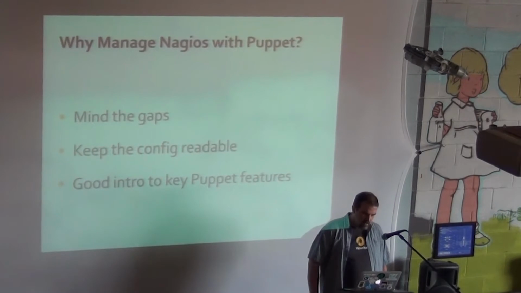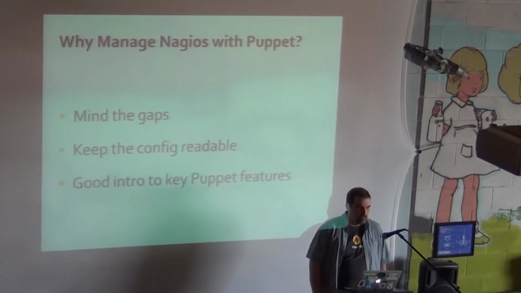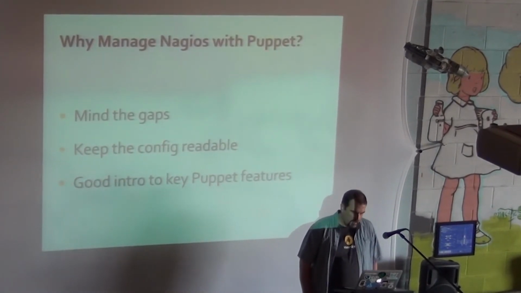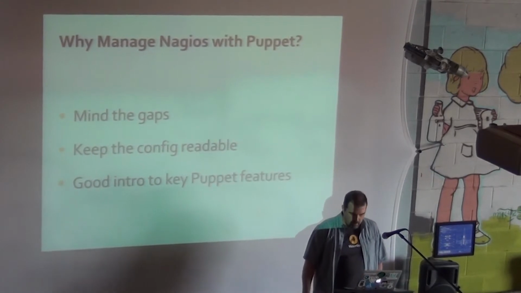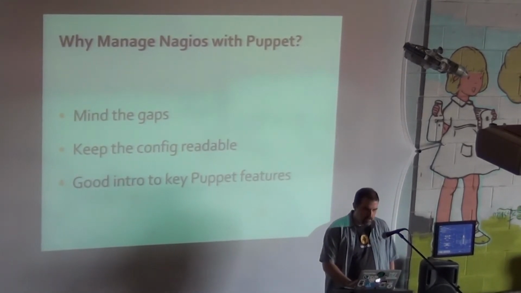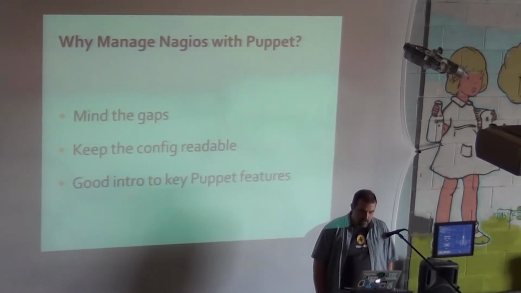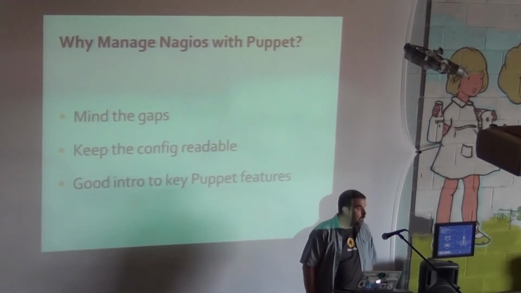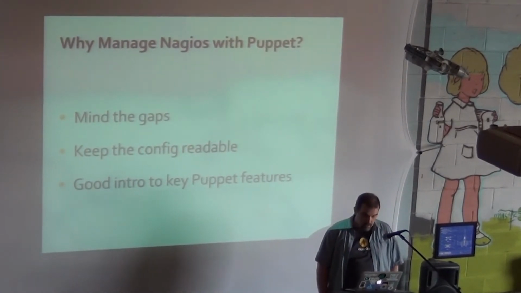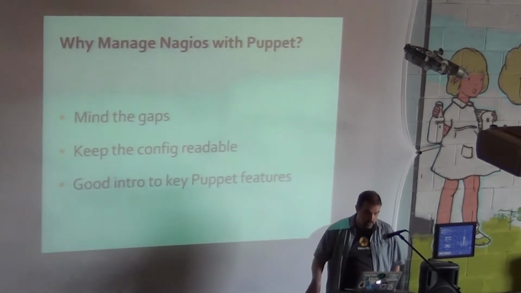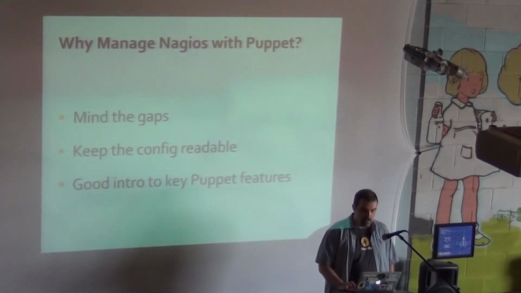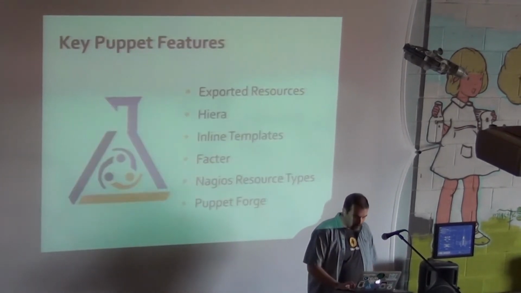And lastly, it's a cool way to learn about several key Puppet features. Puppet has built-in support for generating Nagios configs, which makes this example really quite easy, but the principles involved here can be used to manage other applications, and we'll lightly brush against, like HA proxy management, for example, during the demo, so you can see what I mean.